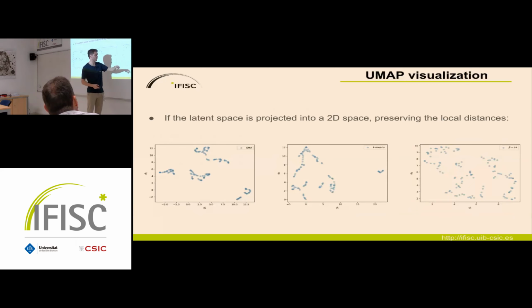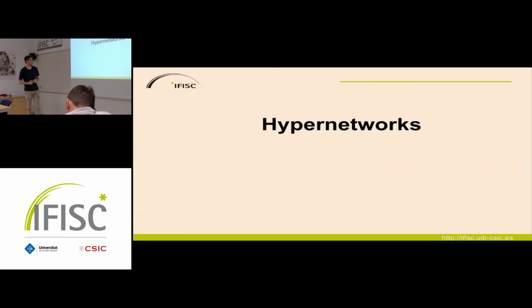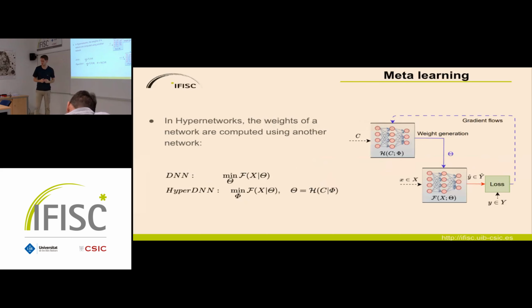Instead, here, codebooks tend to occupy more of the parameter space. So, well, this is a thing. Now, in hypernetworks, changing the theme a bit now, what we are doing is a prediction task.